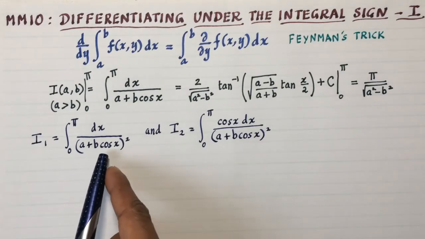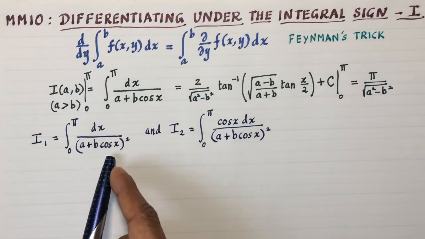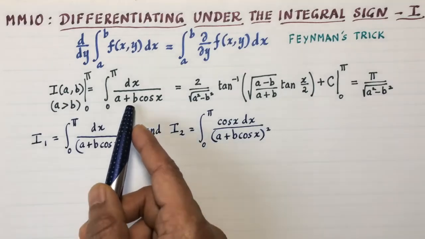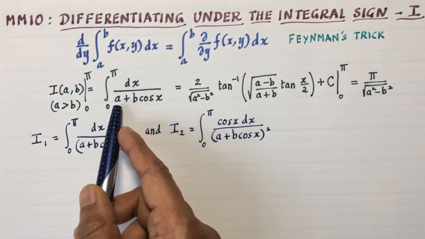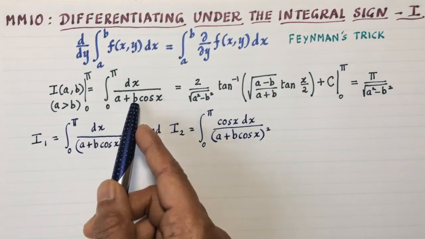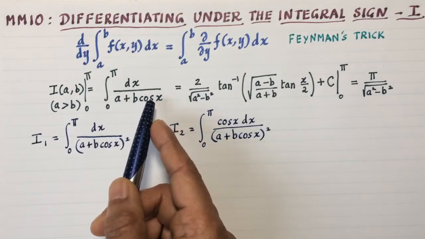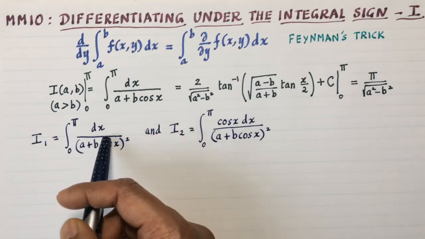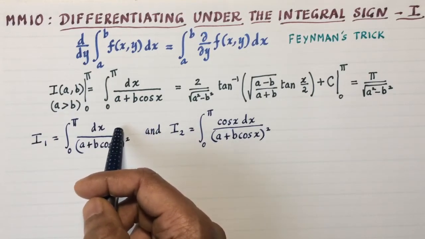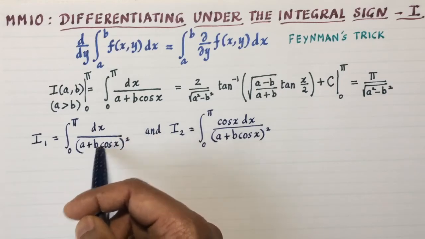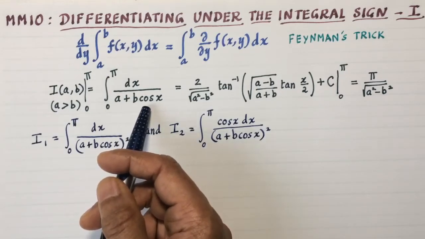Now you can get 1 over a plus b cosine x squared by differentiating this one with respect to a, because when I differentiate with respect to a, considering b and cosine x to be simply constants, the derivative is going to be 1 over this quantity squared times the derivative of a, which is 1. And so you'll get this by differentiating this with respect to a.